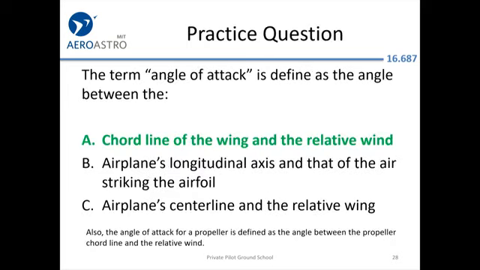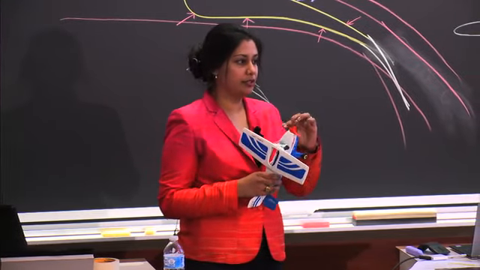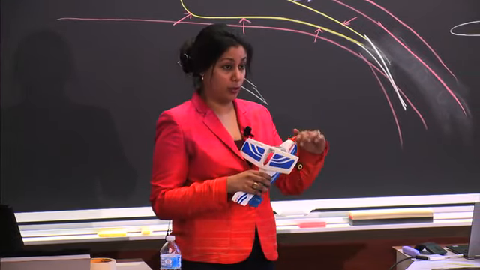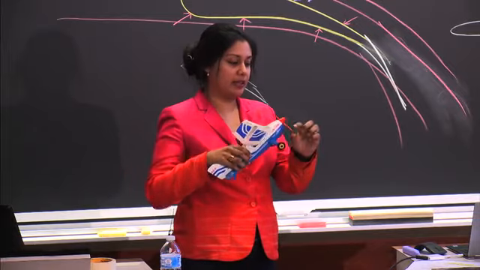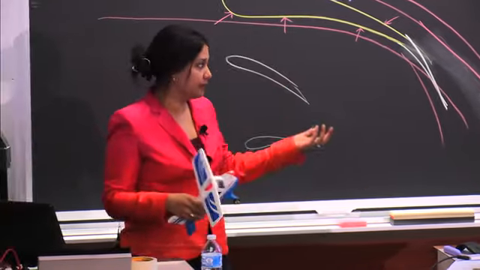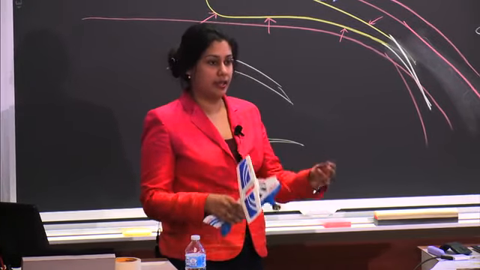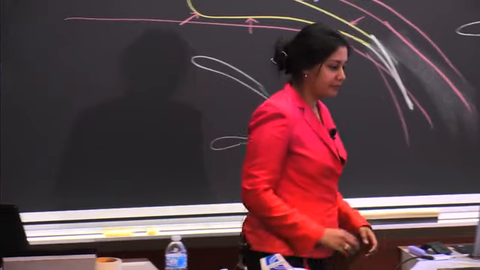So the angle of attack is defined there. And one thing that I would like to point out is that this is also the case for a propeller. So your propeller also looks a lot like an airfoil or like a wing that's sideways and spinning around. And so also the angle of attack for a propeller is defined basically the same way, is the angle between the propeller's chord line and the relative wind.